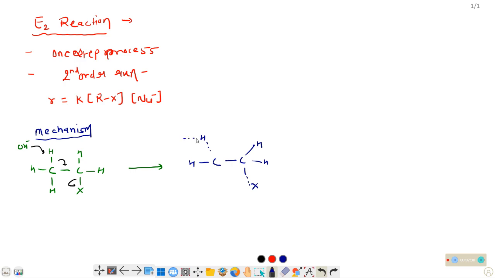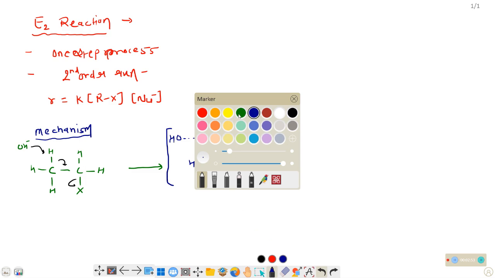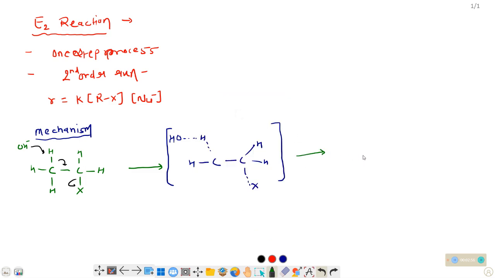In this transition state, the nucleophile is simultaneously capturing this hydrogen, and the leaving group is removed from this carbon. Then we get the final product, which is our alkene, because, as we know, it is an elimination reaction.